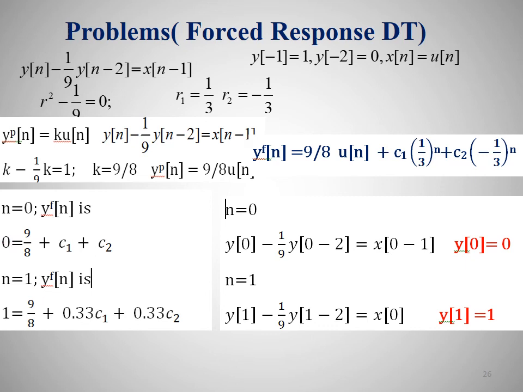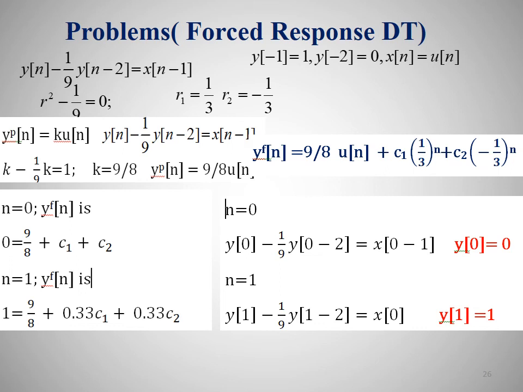Similarly, when n equal to 1, the value is 1. Let us substitute n equal to 1 in the forced response: 9 by 8 plus 1 by 3 c1 minus 1 by 3 c2.